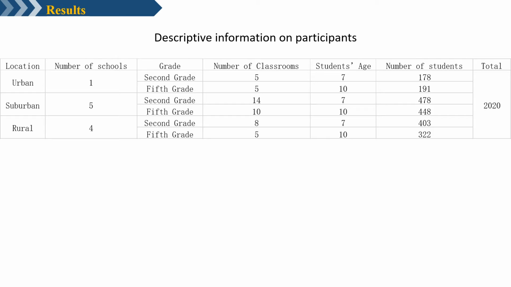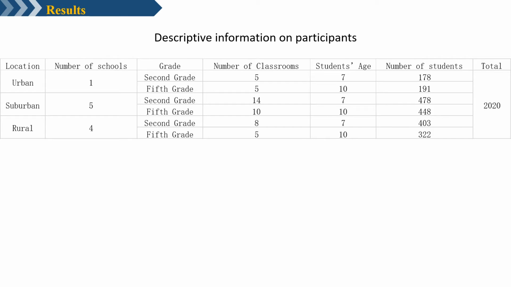Our study was performed from winter 2018 until now. In total, 47 classes in 10 schools joined our study. Among them, 27 classrooms were for second grade and 20 for fifth grade. Students in these 47 classrooms were all involved in our study, resulting in a total of 2,020 students.